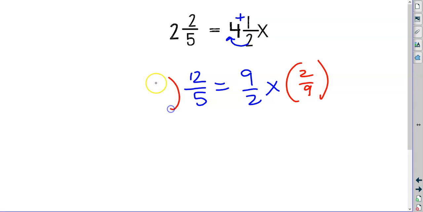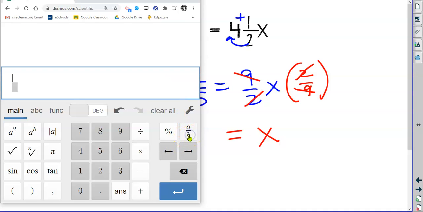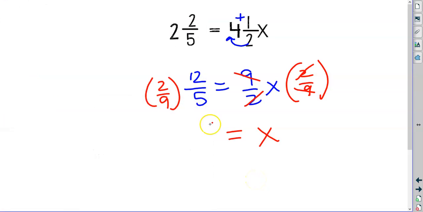I'm going to multiply both sides by 2/9. These reduce to an invisible 1, and now I'm going to use my calculator. 2/9 times 12/5. If I get a decimal, convert it back to fraction form. 8/15. And it's as simple as that.